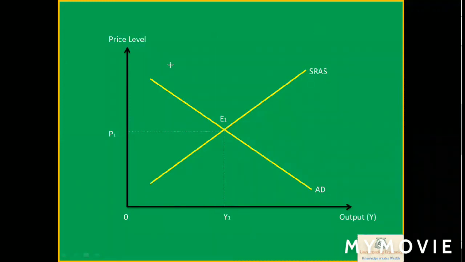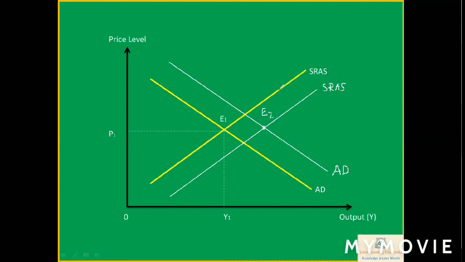So let us first take a situation where aggregate demand and aggregate supply have changed in the same amount. So here this is our new aggregate supply curve, and here it is our new aggregate demand, and the corresponding equilibrium point is reached here.